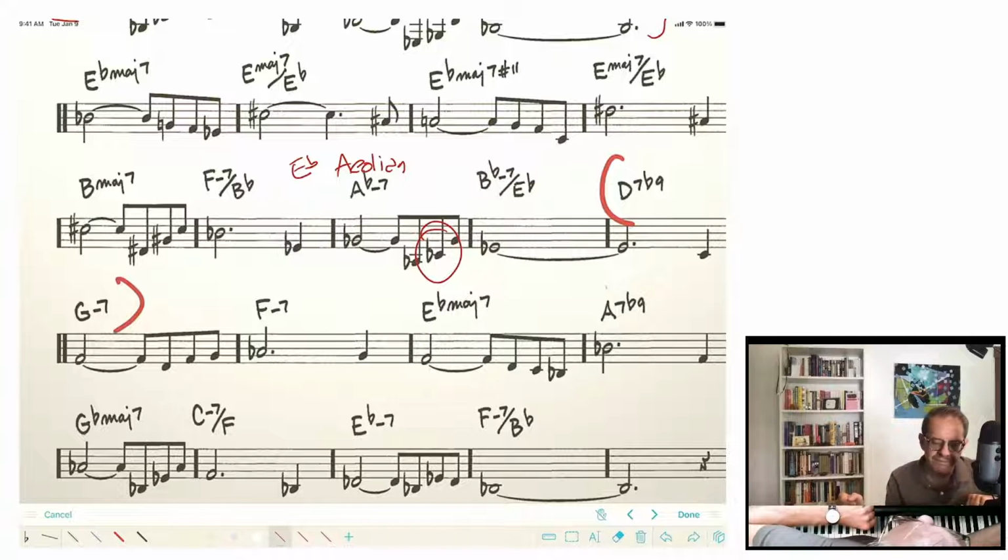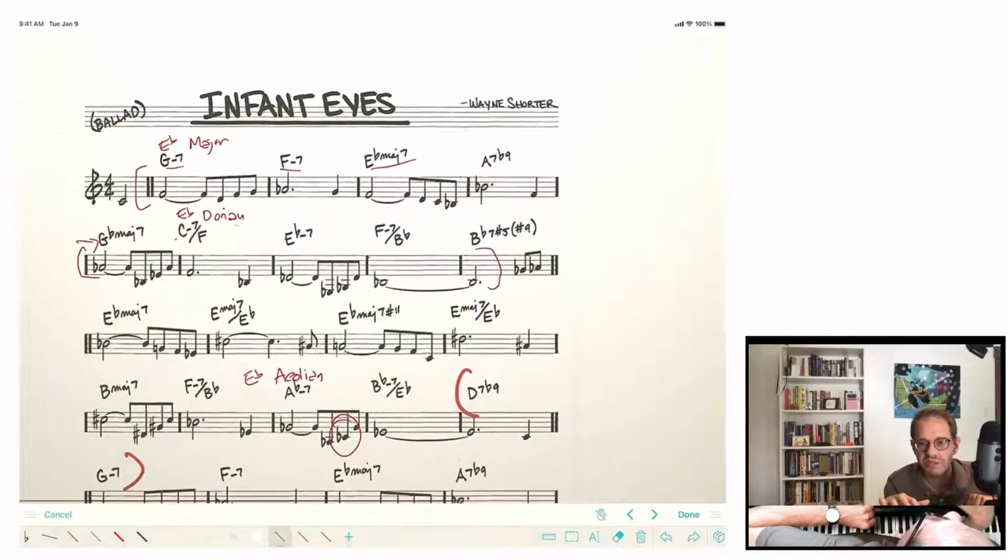So I think thinking in these larger strokes defined by the melody is going to be really useful.